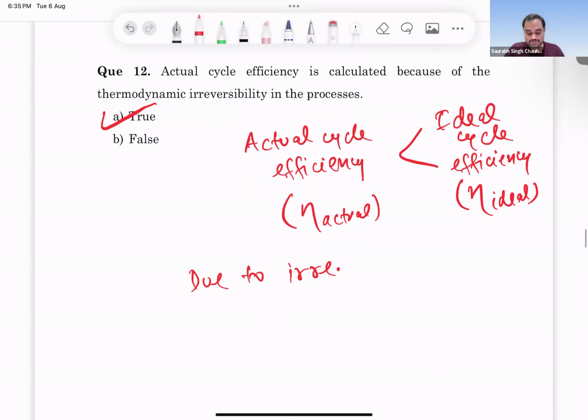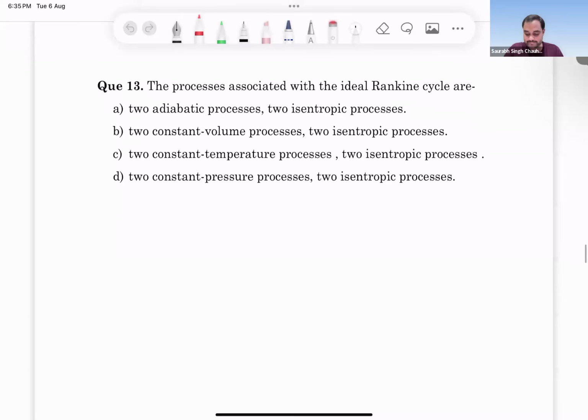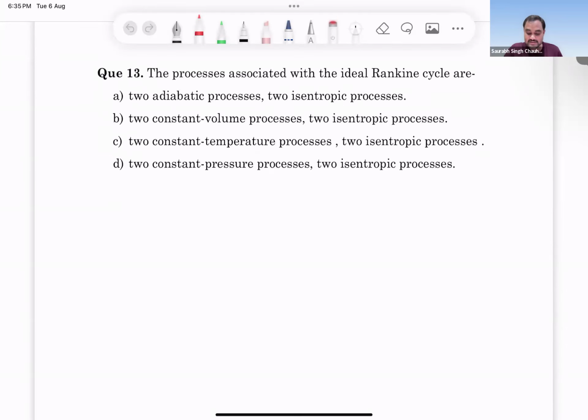So I hope this question is clear. We'll move to question number 13. Question number 13 says the processes associated with the ideal Rankine cycle. This we have already discussed.